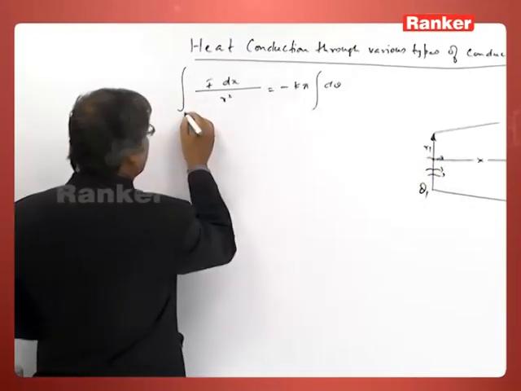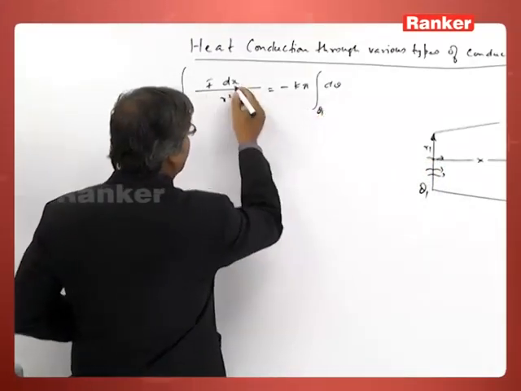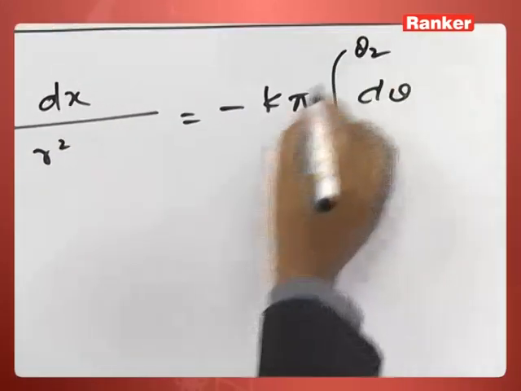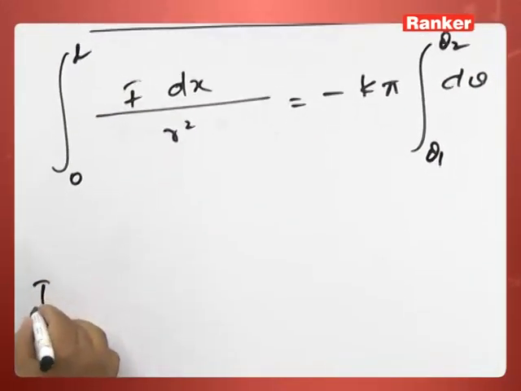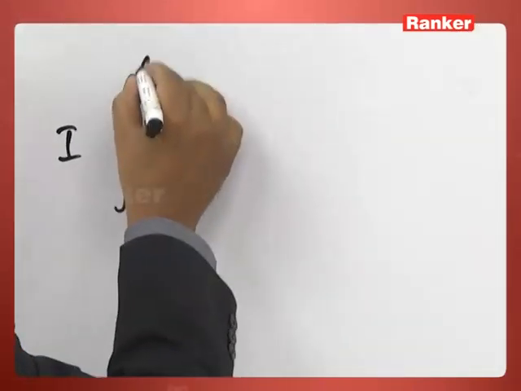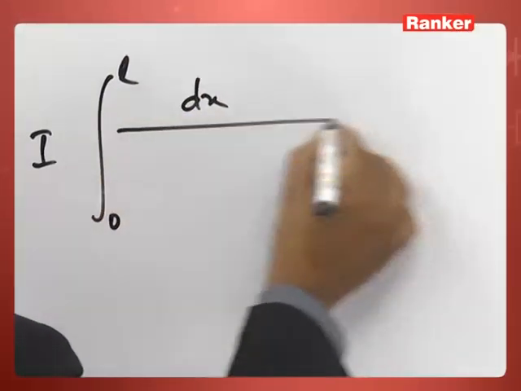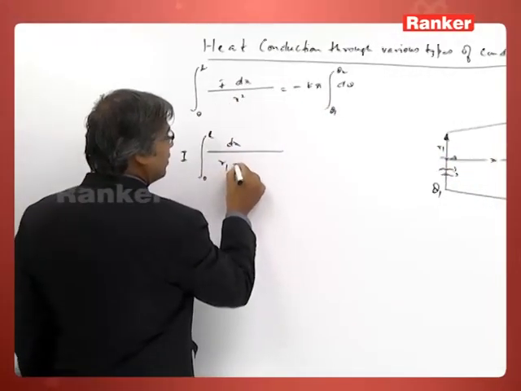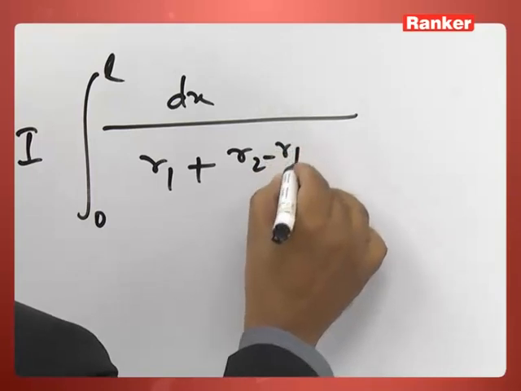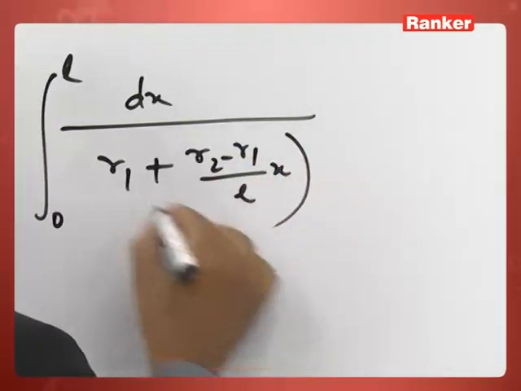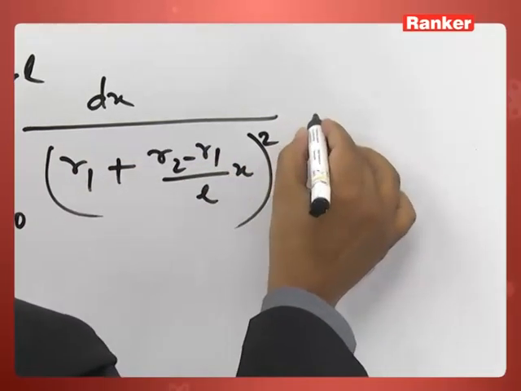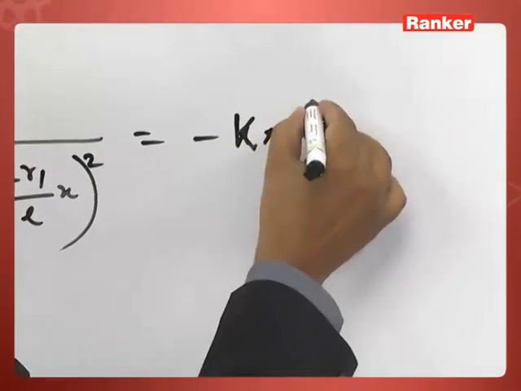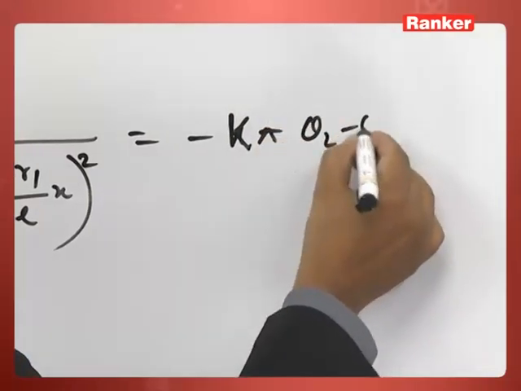When x is 0, theta is theta 1, when x is L, theta is theta 2. So, this integration I from 0 to L dx by r square, we will substitute the value of r, that is r1 plus r2 minus r1 by L into x, whole square, is equal to minus k pi, this integration theta 2 minus theta 1.